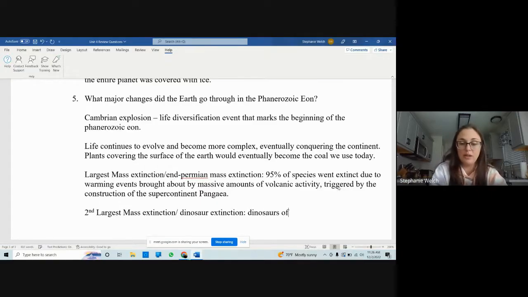Dinosaurs and 70% of other species on Earth went extinct, most likely due to a massive asteroid impact.